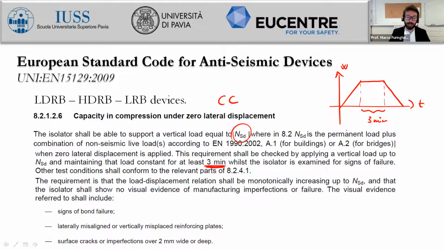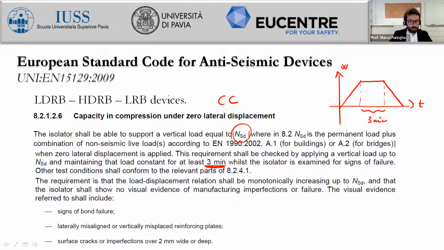So the overall test is performed in force control, as you mentioned, but after having achieved the initial gap between the equipment and the bearing. So this is only for vertical tests. Generally, force control is used.